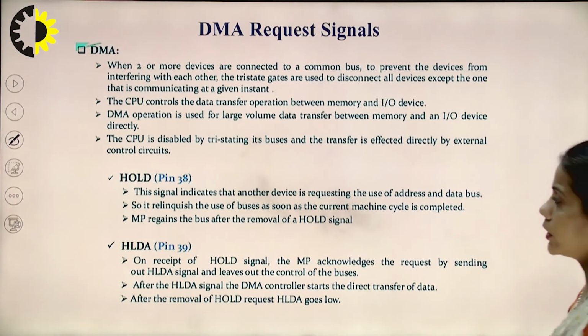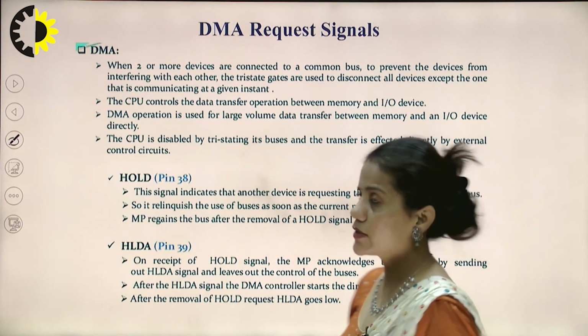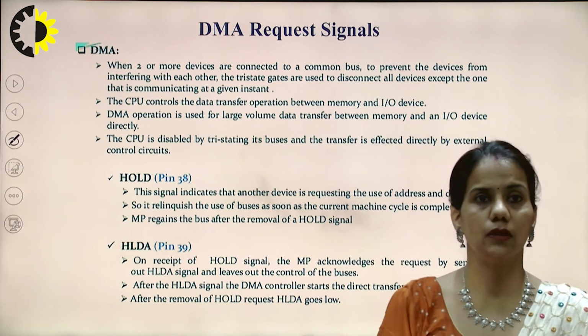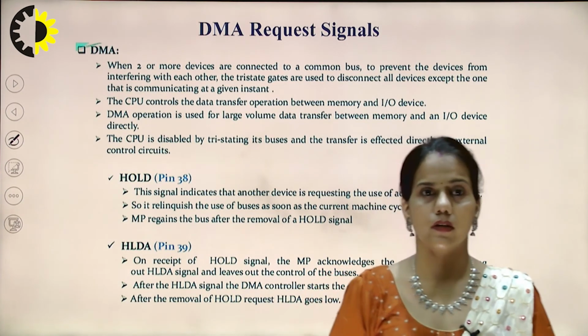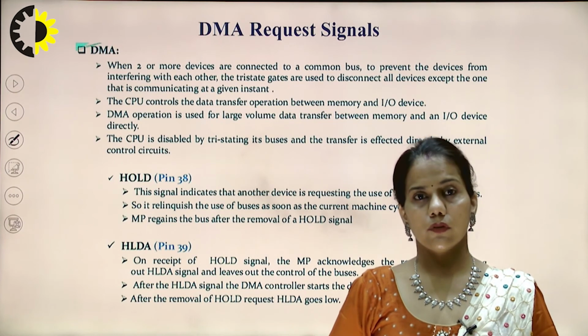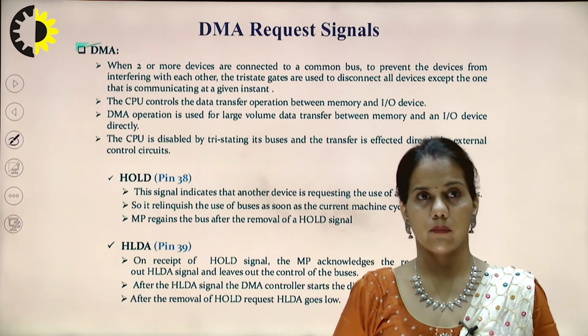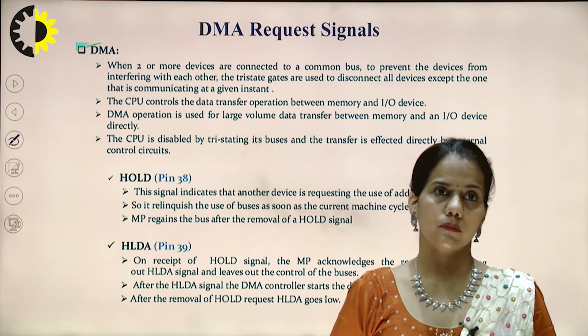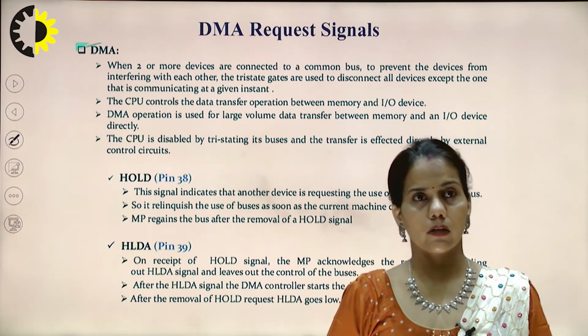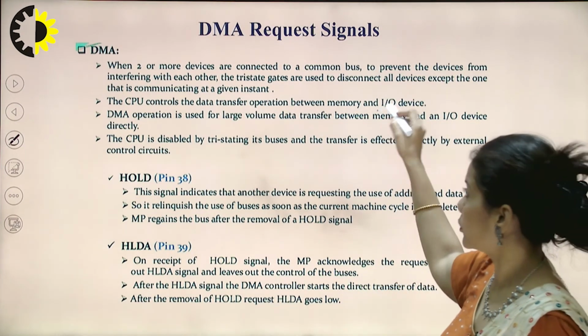When we talk about the DMA operation, when two or more devices are connected to a common bus, to prevent the devices from interfering with each other and to reduce the CPU time, the CPU controls the data transfer operation between the memory and input output devices.